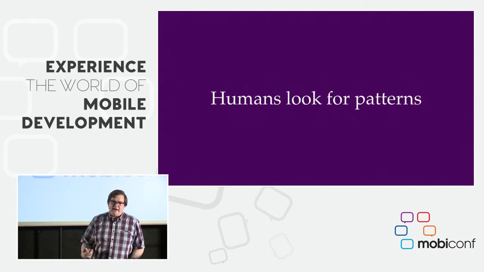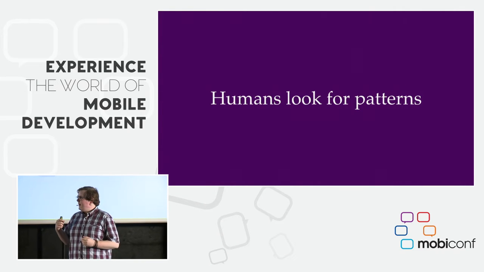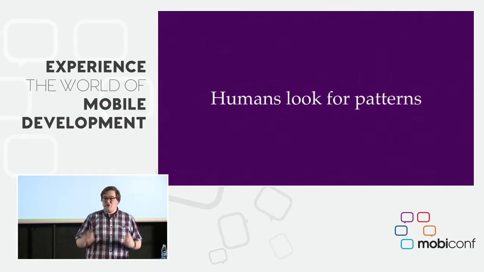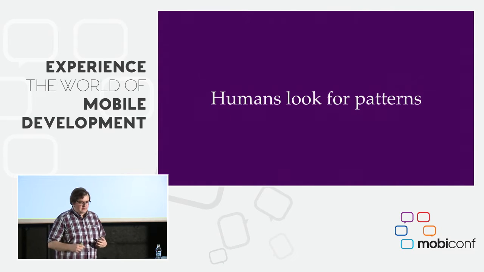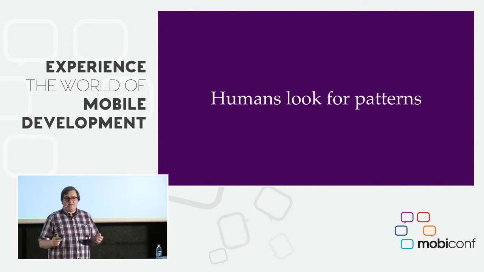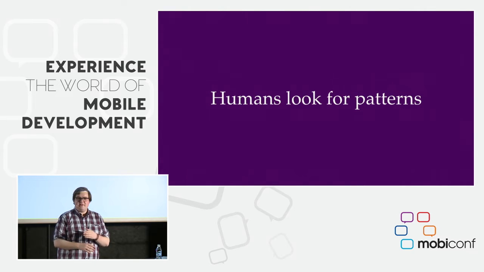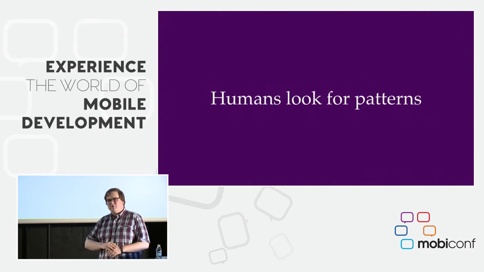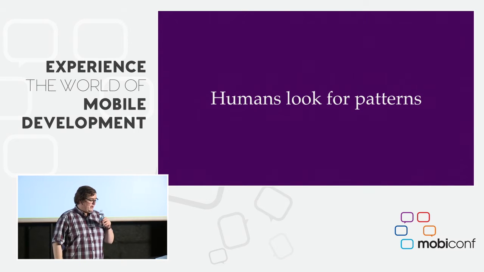Humans look for patterns. We are pattern recognizing machines. Our brains support advanced hardware with purpose-built pattern recognition built into our chips, like the new M7 or whatever it is in the iPhone. Pattern recognition requires no extra power. It's something that our brains are just doing all the time. We don't even know it.